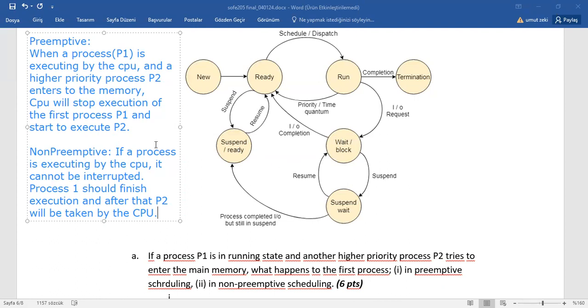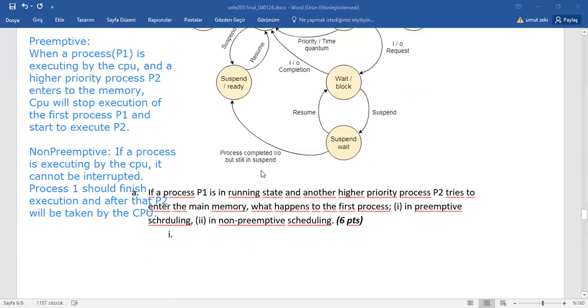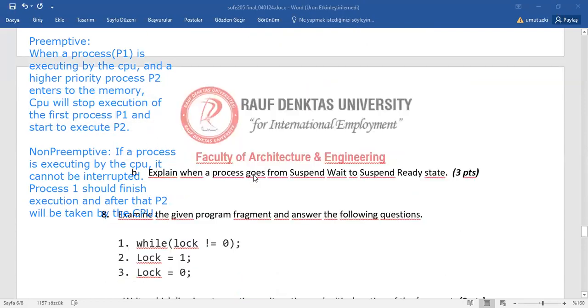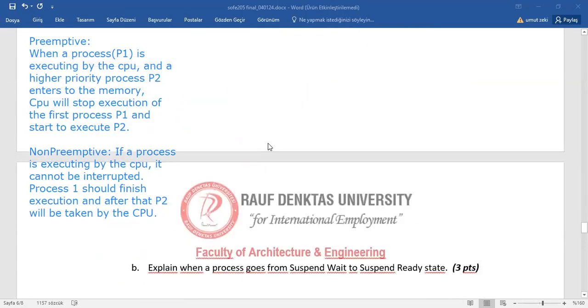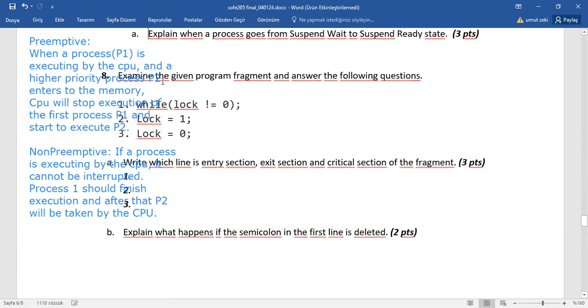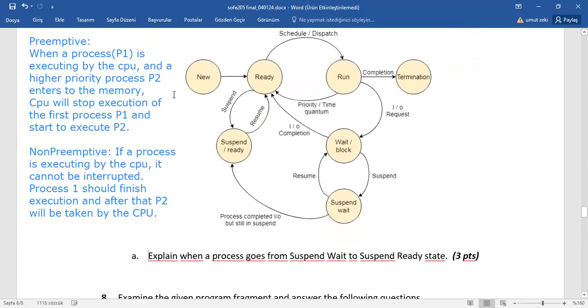Okay. So for the second one, let me take it to the same place.